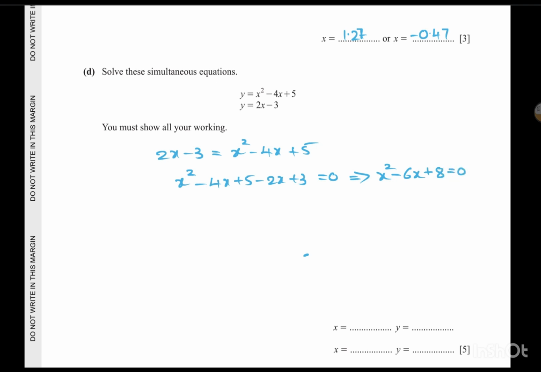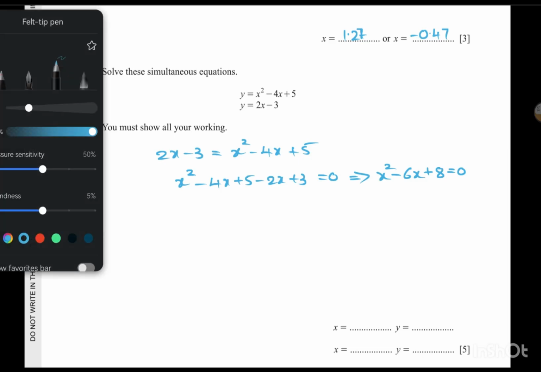Now using the quadratic factorization, we can find out the values of x here. So the factorization, if you take, the sum should be minus 6 and product should be 8. So if you take minus 4 and minus 2, you get minus 6 and plus 8.